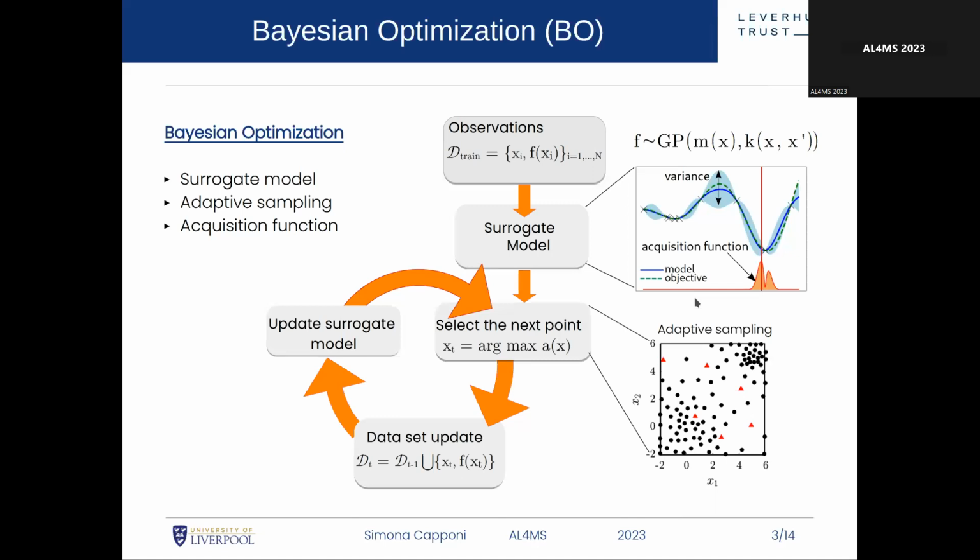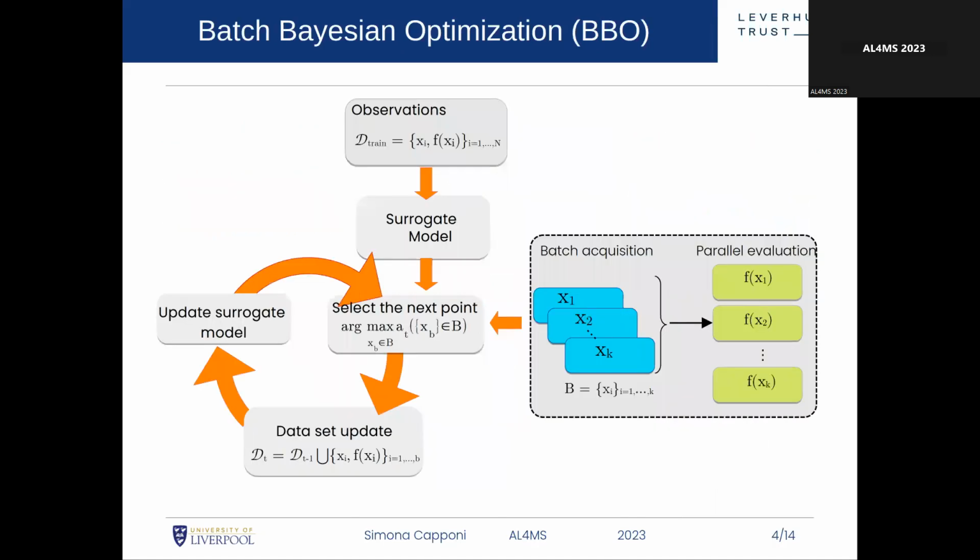Now this can be further improved if instead of acquiring one point at a time, we design a new batch acquisition function which gives a finite number of points at each iteration. Then when it comes time to evaluate our objective function, this can be done in parallel.